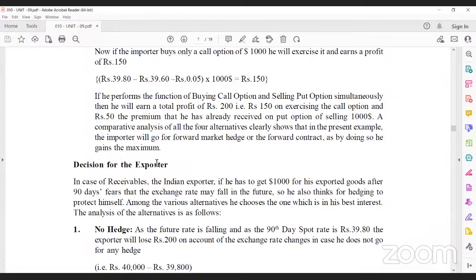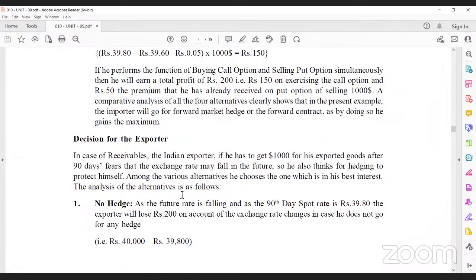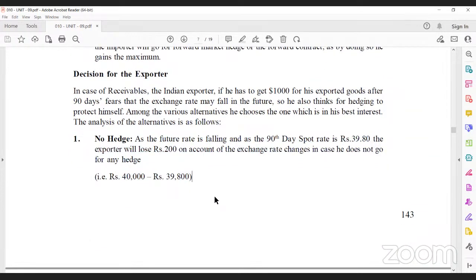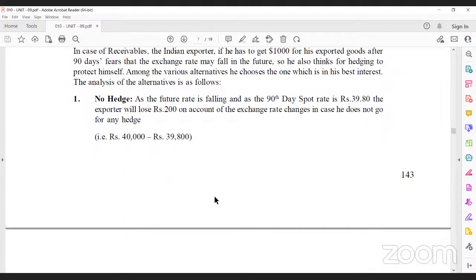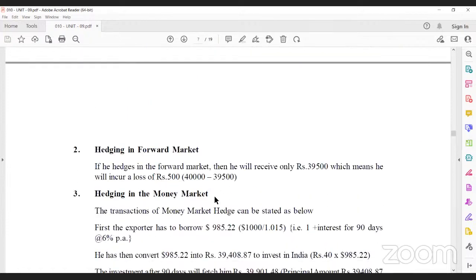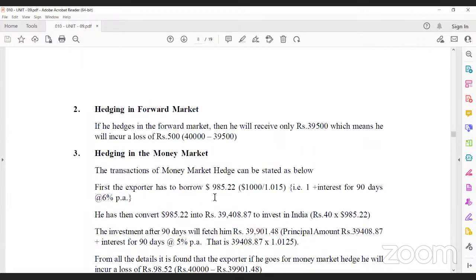So the Indian exporter, if he has to get $1,000 in 90 days, with no hedging, on the 98th day he is due and he will lose 200 rupees. In case of hedging in forward market here, the receivables will be rupees 39,500, which means again here he incurs a loss of rupees 500.